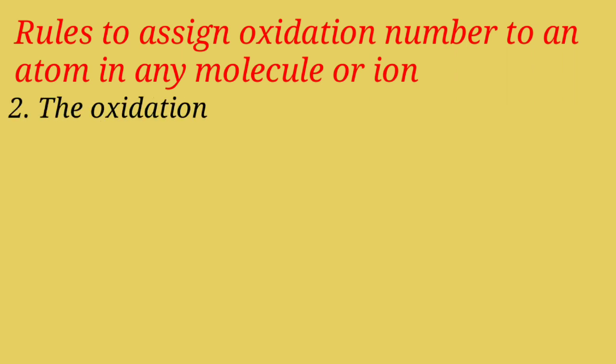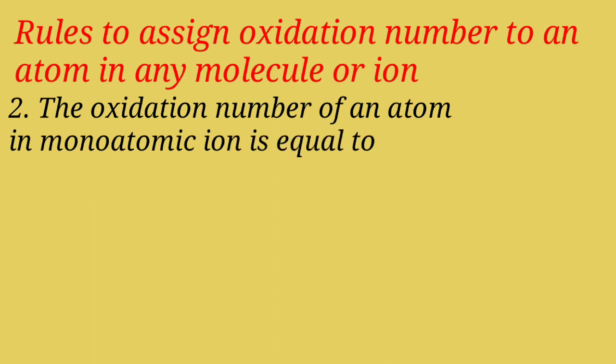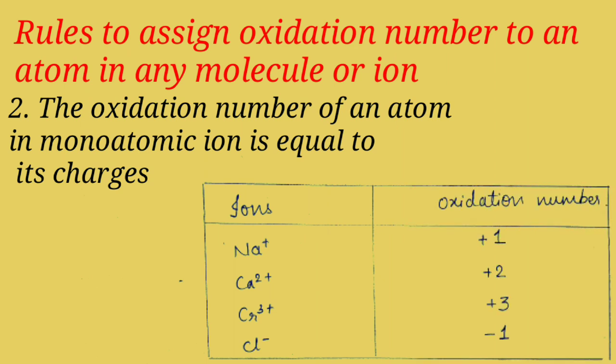Second rule states that the oxidation number of an atom in monoatomic ion is equal to its charge. Over here, the oxidation number of sodium ion, that is Na+ ion, is +1. Similarly, for calcium ion, it is +2. For chromium ion, it is +3. And for chloride ion, it is -1.